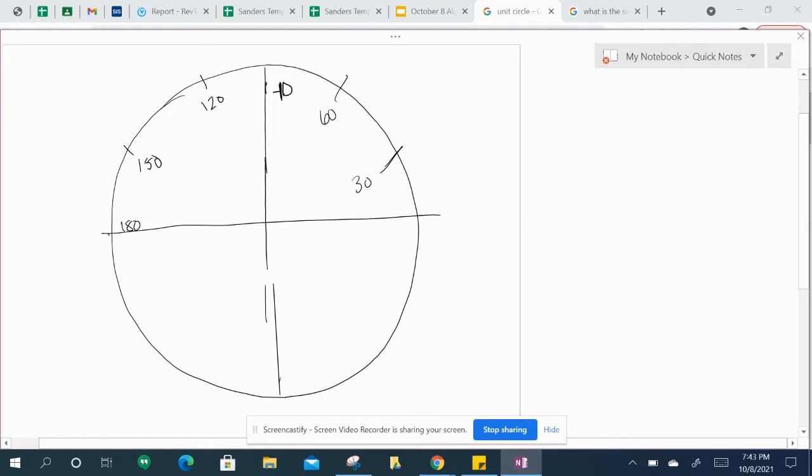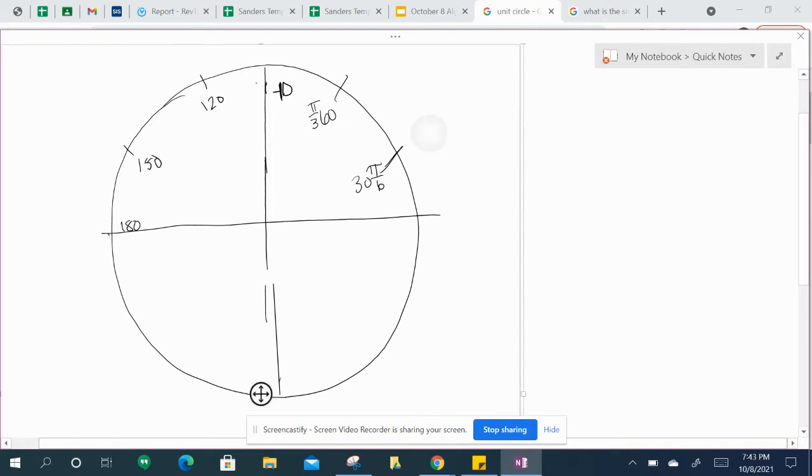You may also, though, measure the unit circle in terms of radians. And so in that case, it's in sixths. So I'm going to go pi over 6, and then 2 pi's over 6, which would be pi over 3.